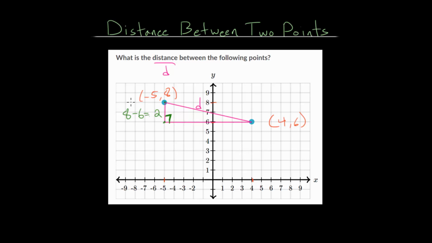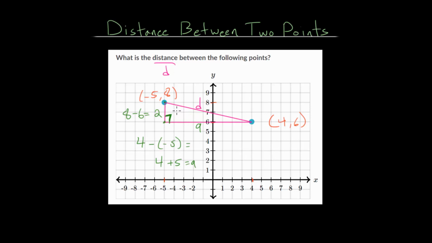Or we could follow the same strategy. We can find the difference. So start with your higher x value and subtract your lower x value. So 4 minus, this is a -5, which is really just 4 plus 5, but that's 9. And that matches up with what we counted. We found, just by counting, that this is 9 units long.